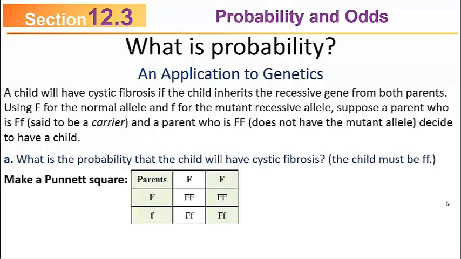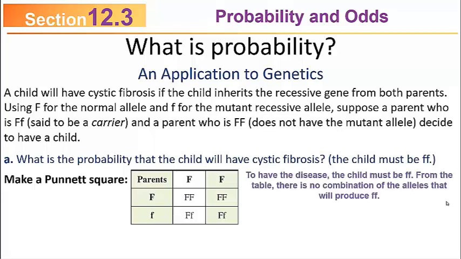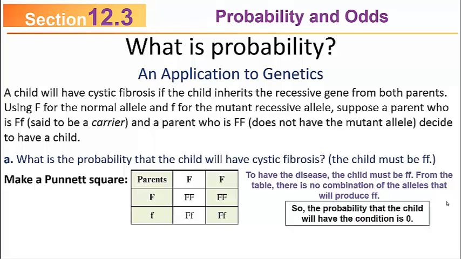So if you make a Punnett square, you'll see that when you cross everything, you get a capital F, another capital F, and then you get a capital F, little f. So there aren't any little f, little f, and since you have to have little f, little f to have the disease, you can see that no child of those two parents will ever have cystic fibrosis. That probability would be 0. And that's simply because there are no little f combinations.